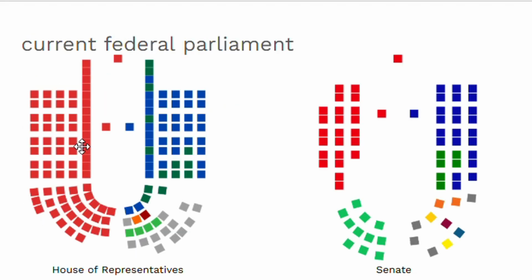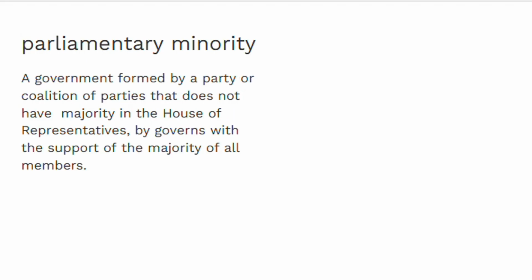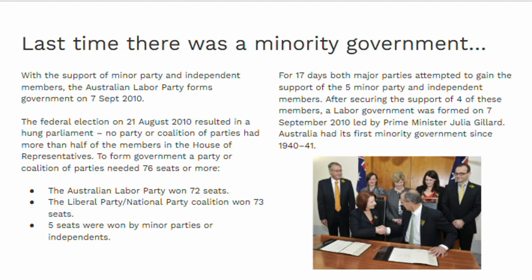So they didn't have a majority of seats, and they had to go through a period of time to form a minority government, to govern with the majority of all members. So you can see here what they did in 2010.